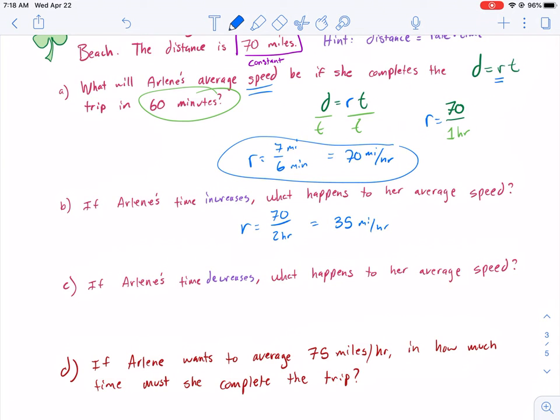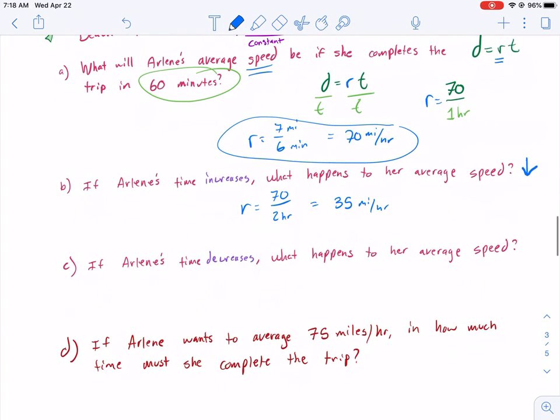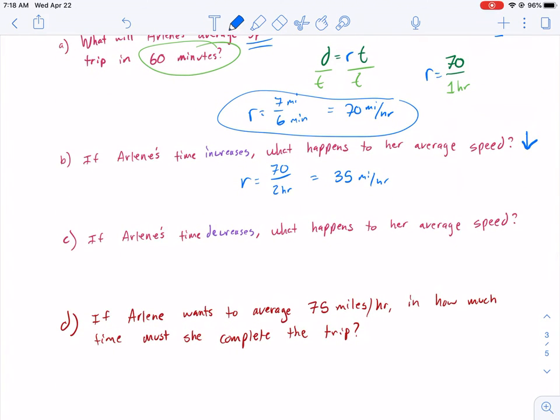So her average speed would go down. Okay, so as her time increases, as she takes longer to get there, obviously her speed goes down. She has to move slower if she's going to take more time going this constant distance right here, 70 miles. Okay, on the other hand, if her speed decreases or her time decreases, so instead of 2 hours, let's say she takes 0.5 hours.